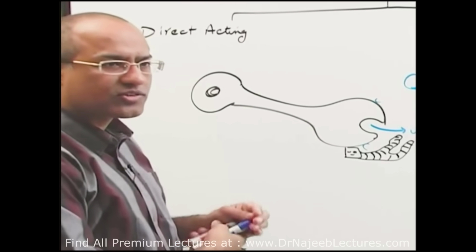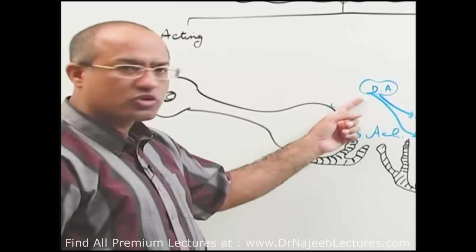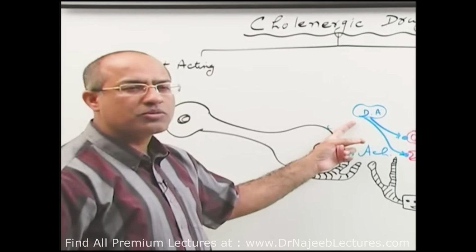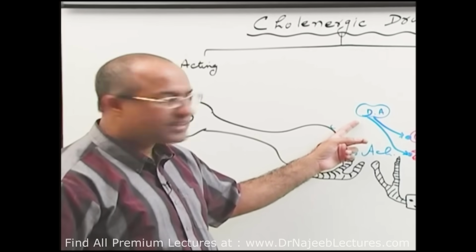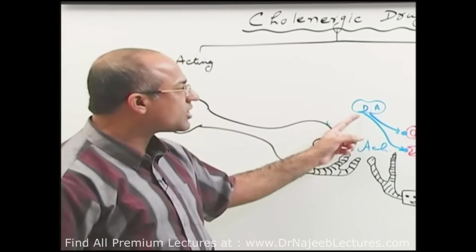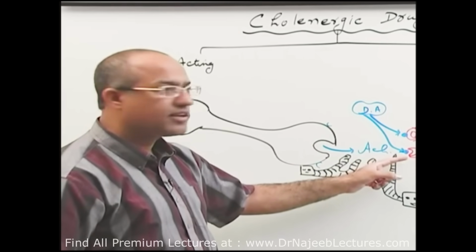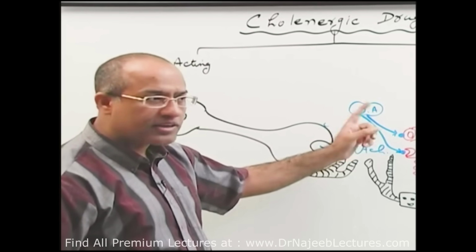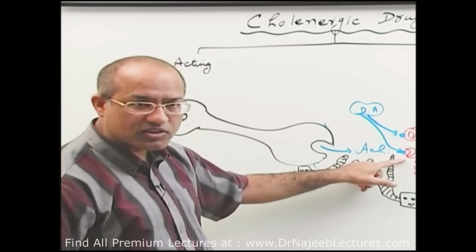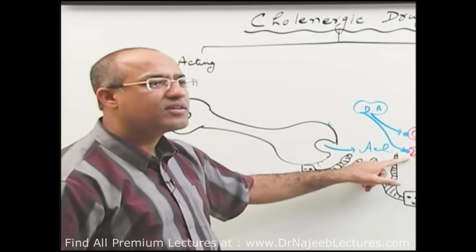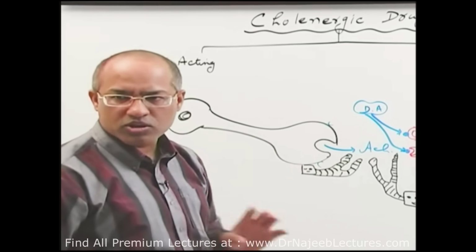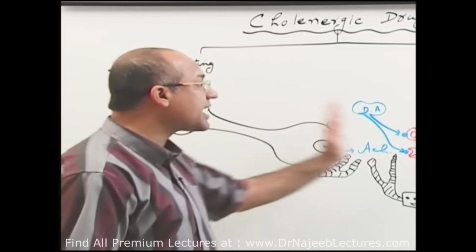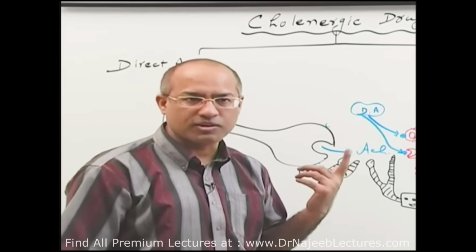They are structurally or functionally similar to acetylcholine, and they can bind with cholinergic receptors. Some of them bind with the nicotinic receptors, some other direct-acting drugs bind with the muscarinic receptor. Still there are some others which will bind with both nicotinic and muscarinic receptors. So direct-acting cholinergic drugs are the drugs which directly activate the cholinergic receptors, right?